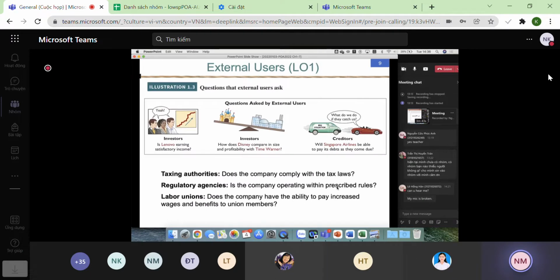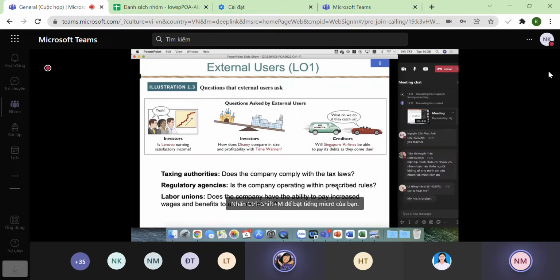How about external users? The external users are no managers, right? And from here we have some external users, for example, investors, creditors, taxing authorities, regulatory agencies, or something like that.